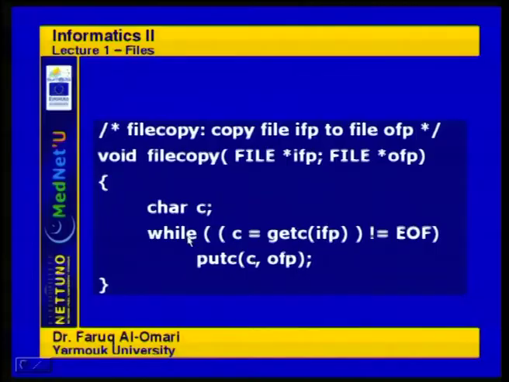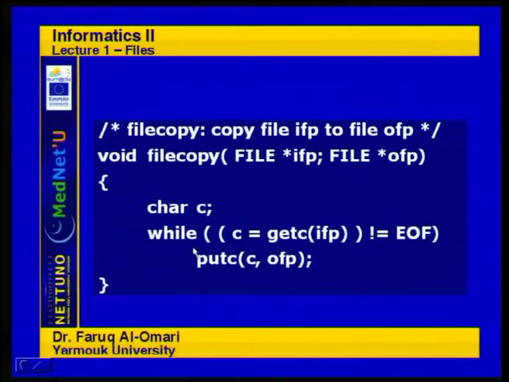To do that, I'm going to start with the while statement to go through all characters in the input file. And pretty much what I'm going to do in here is get a character from the input file and put it in the character variable c. And in here again, we're checking to make sure that it's not the end of file character.